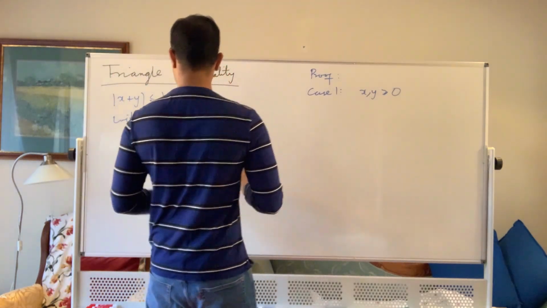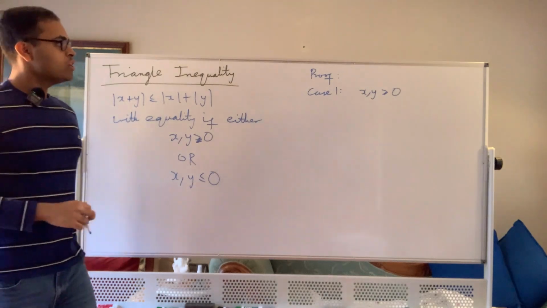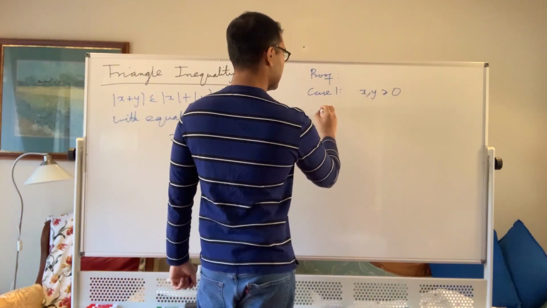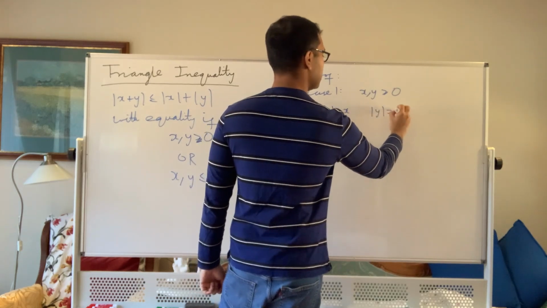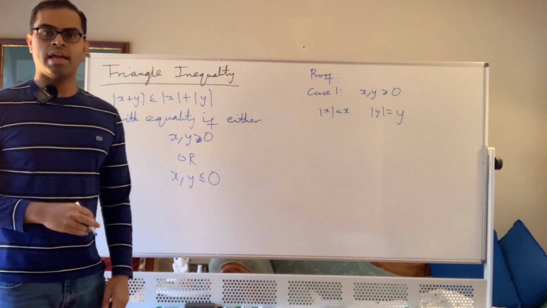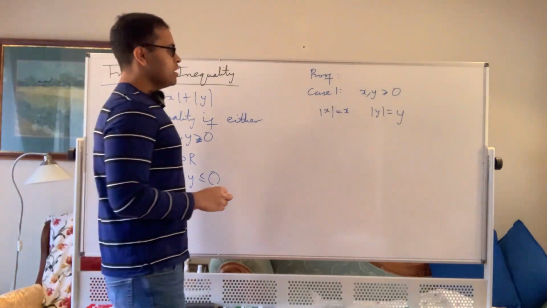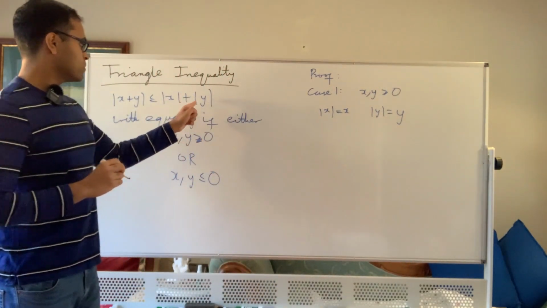In this case, we want to show this, right? So think about what both sides are going to be. The first thing is, if x and y are at least 0, then the absolute value of x is equal to x and the absolute value of y is equal to y, because the absolute value doesn't change anything if you're already a non-negative number. Furthermore, on the right hand side, we've got x plus y.